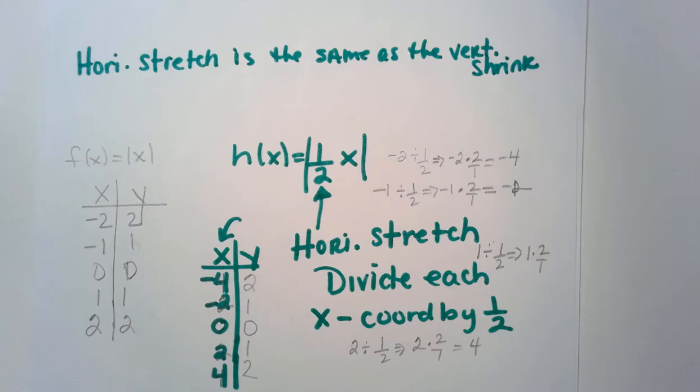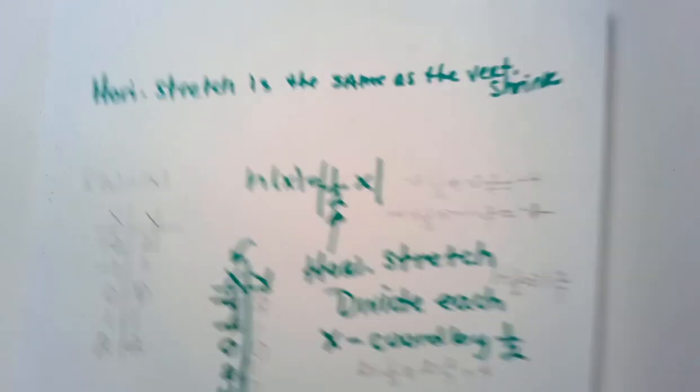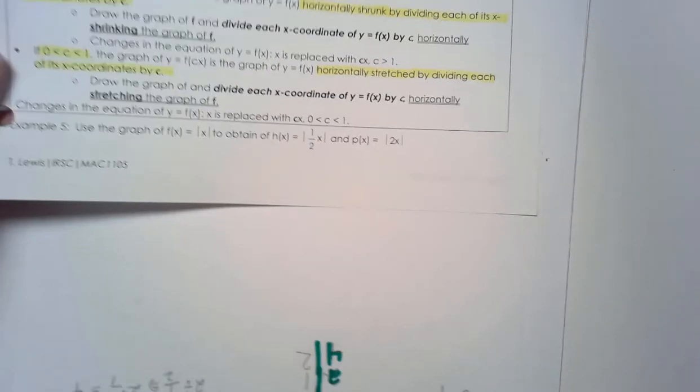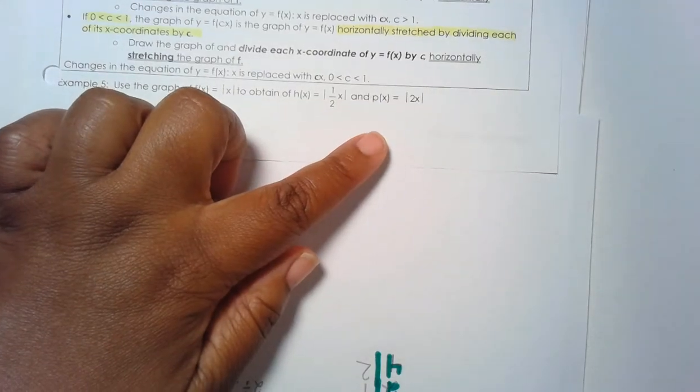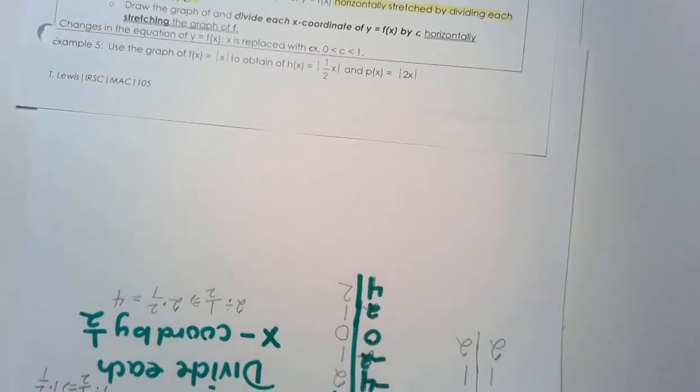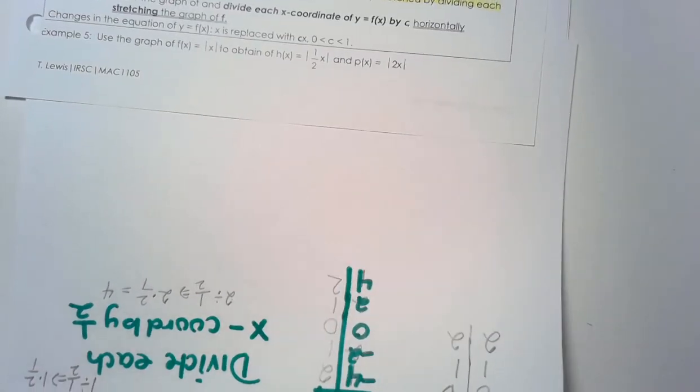Okay. Now let's look at the next one we have here. P of x is equal to the absolute value of 2x. Let's get another sheet of paper here.